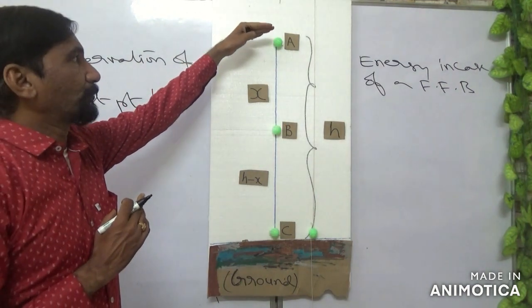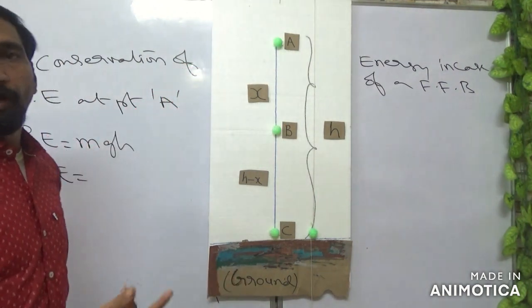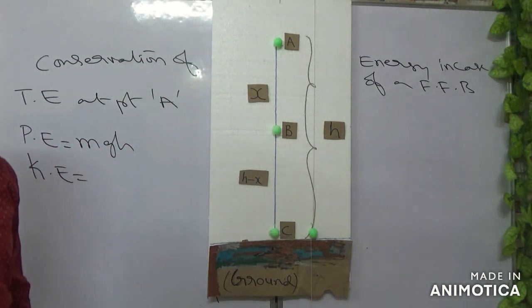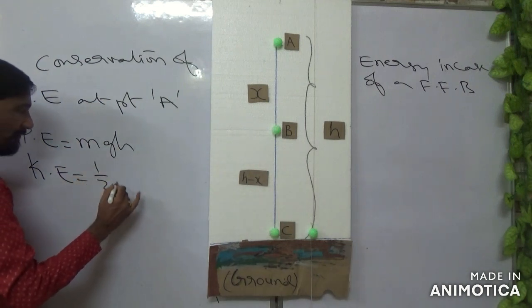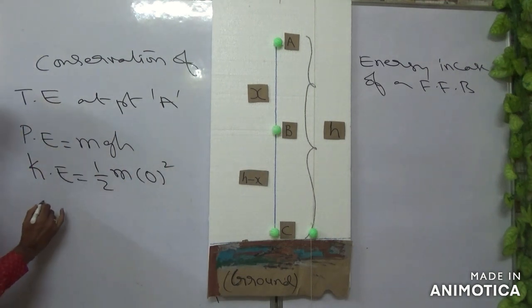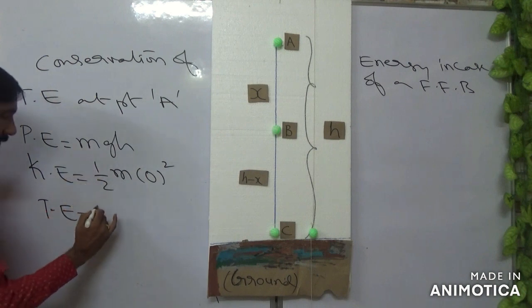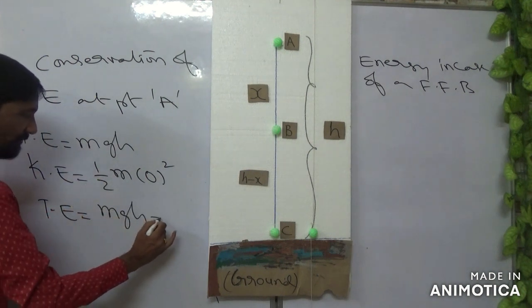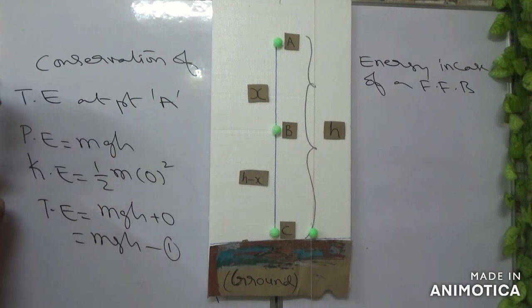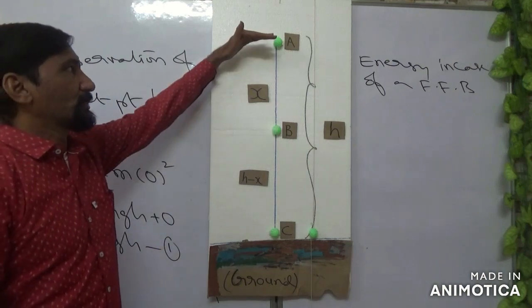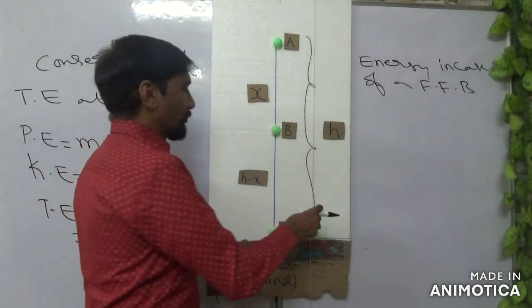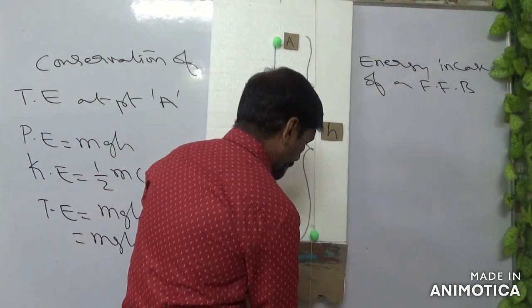Here it is at point A and about to fall. The initial velocity of a freely falling body is always zero, so half m 0 square. Total energy is equal to mgh plus 0 equals mgh. Say equation 1. Therefore, the total energy of the body at point A is mgh.